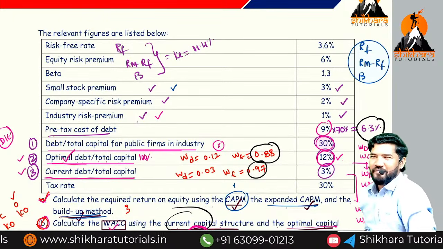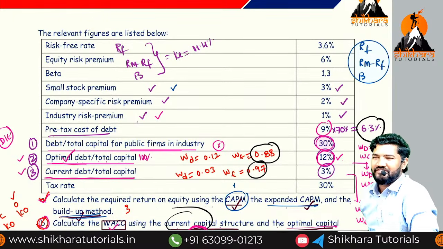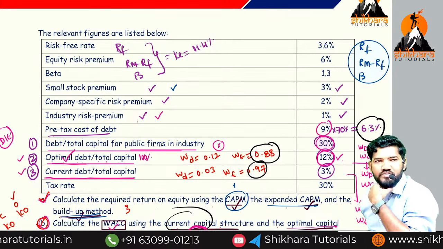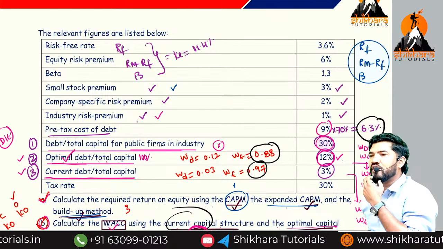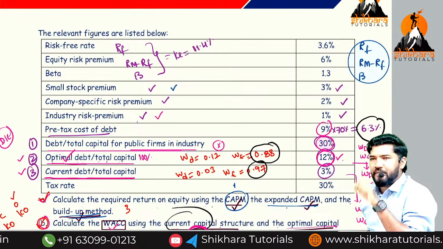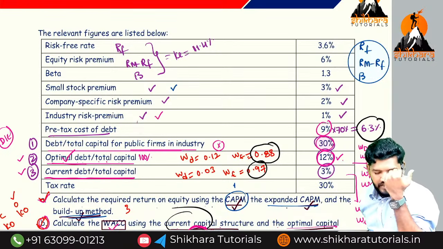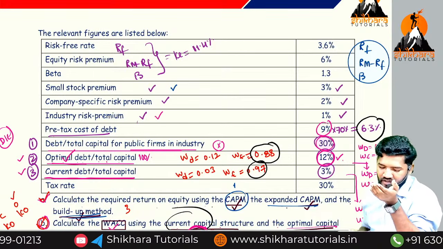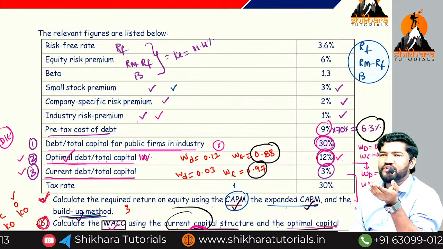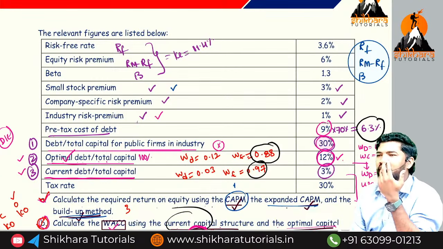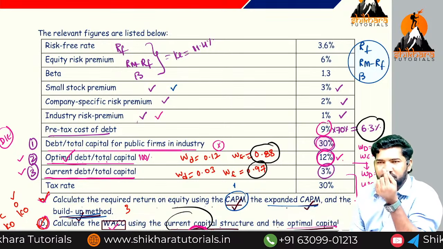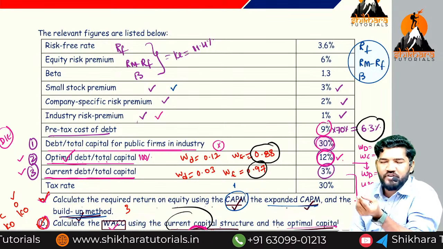Hey, please solve it, man. What is the 15.7? Which capital structure do you follow? Optimal. If you follow the current structure, it's simple, man. Previously they followed 97 is to 3%. And if they want 1 rupee of capital, they are procuring 0.97 paise with the help of selling equity shares, 0.03 paise as debt.